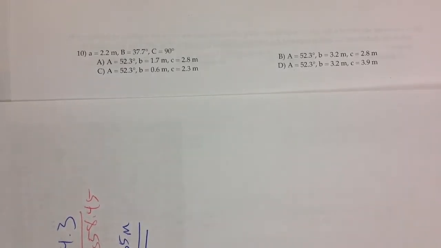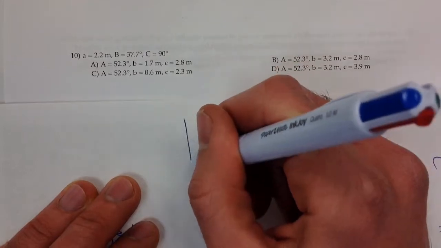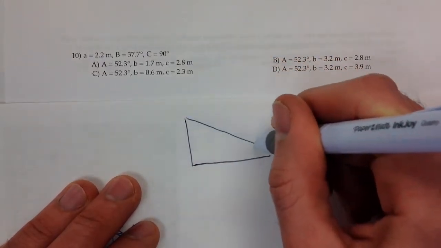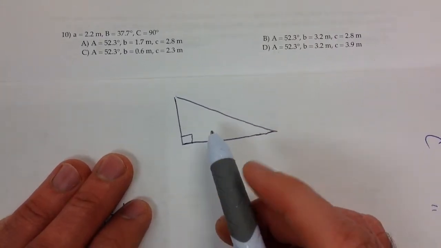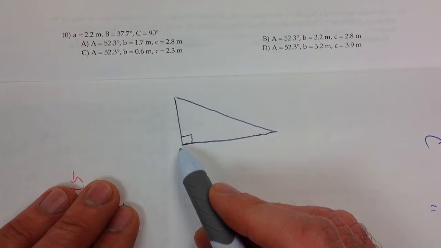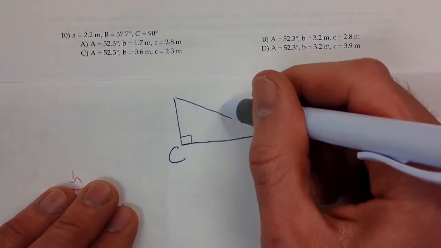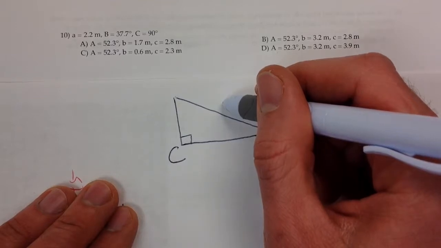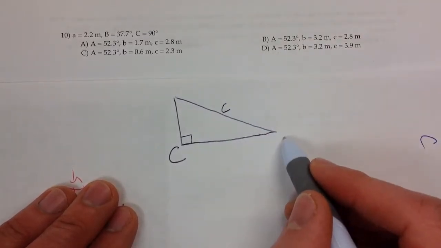Shirley. First, let's draw a diagram. And I just want you to tell me what I should label, or what the label should be. So what should I put here, Shirley? Yep, angle C. Therefore, this is side C. And what do you want to put here? Angle B, that's fine.